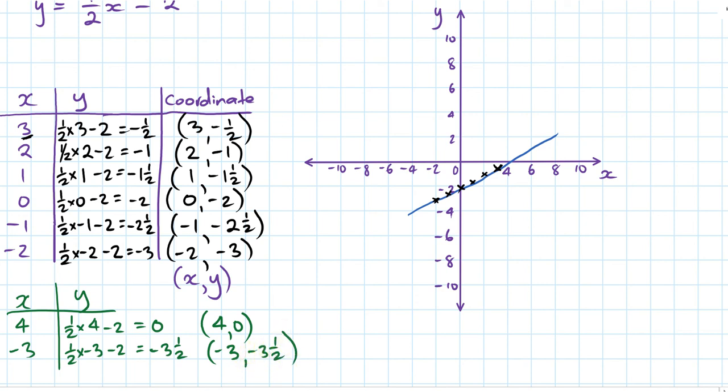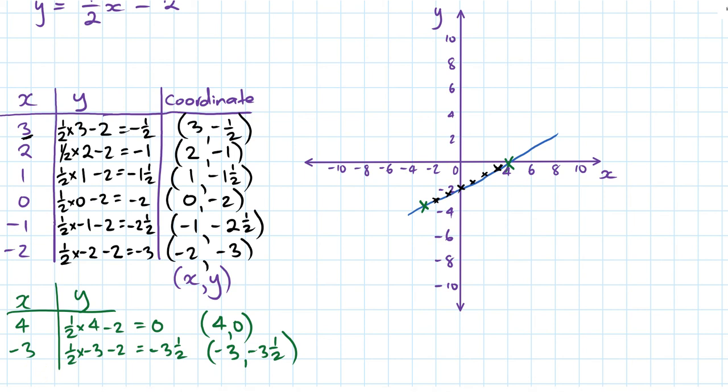And if I were to plot those 2 points, 4, 0 would be here. Negative 3, negative 3½ would be here. And then as long as you've got 2 points, just join those 2 points together and then just check with one more point.